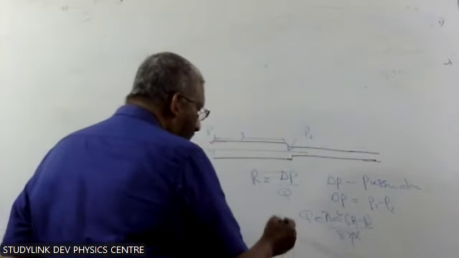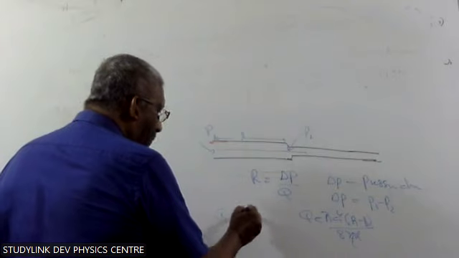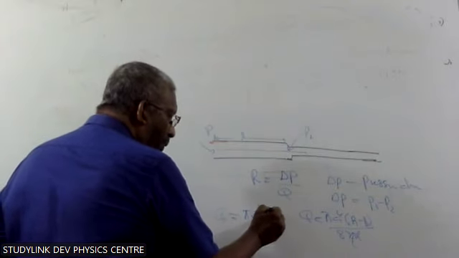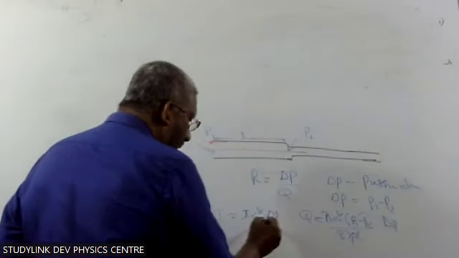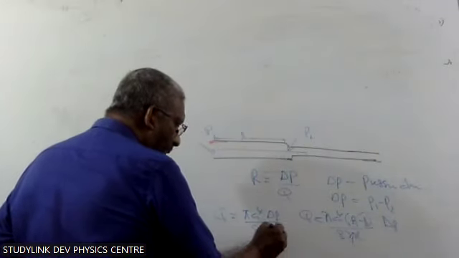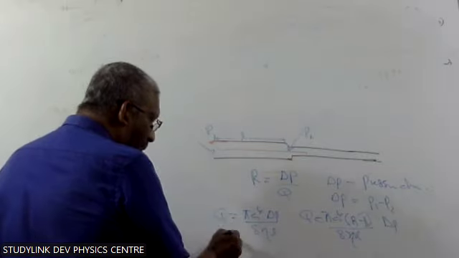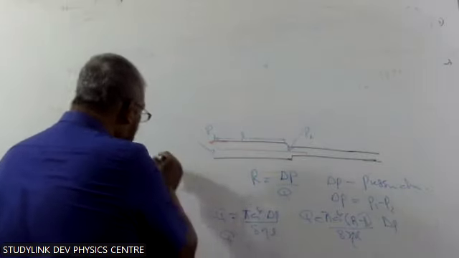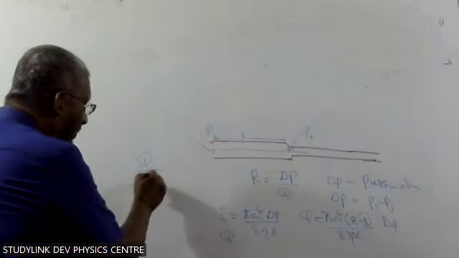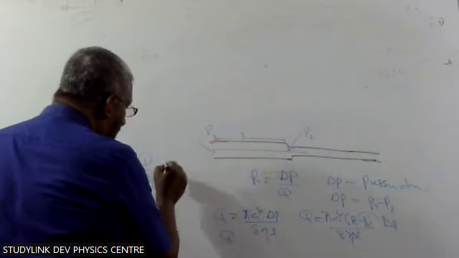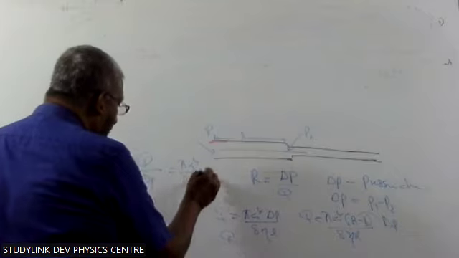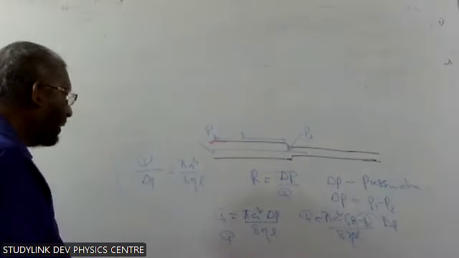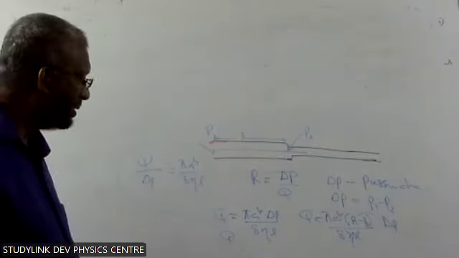This is delta P, no? Then Q is equal to pi a to the power 4 delta P divided by 8 eta L. Then Q over delta P is pi a to the power 4 over 8 eta L. Like that, in various questions, you can obtain this value using this.